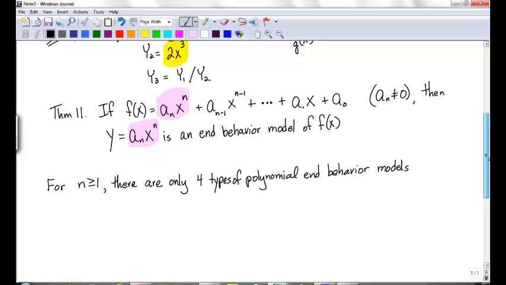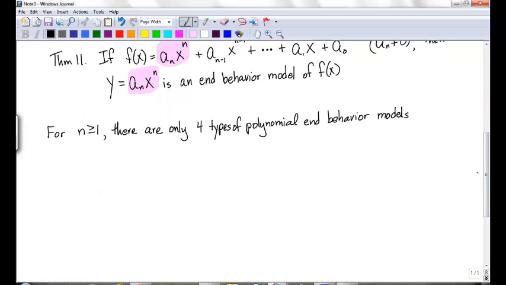You spend a lot of time on the first two in Algebra 2. If n is even, I'll say it another way.